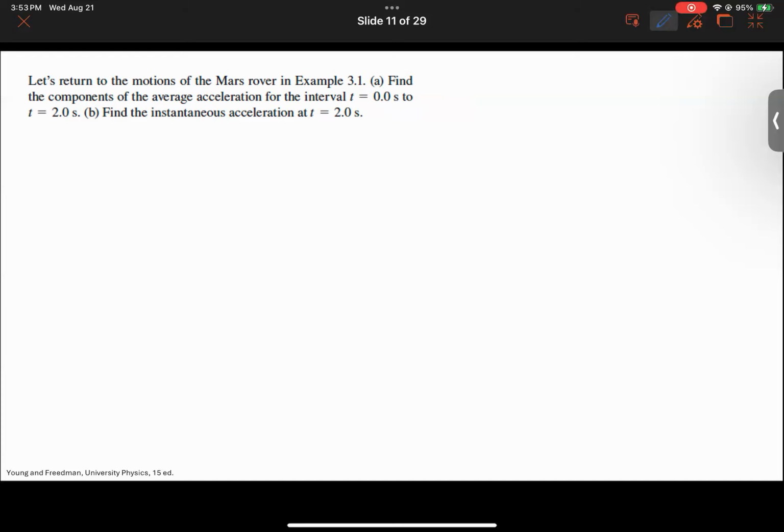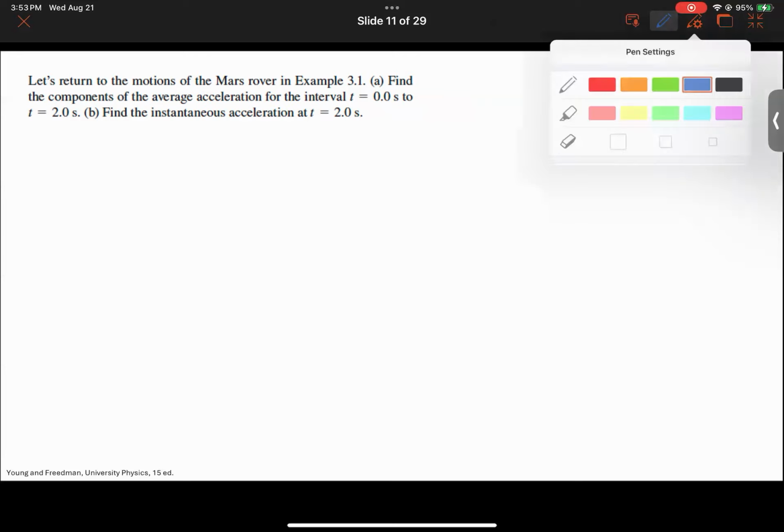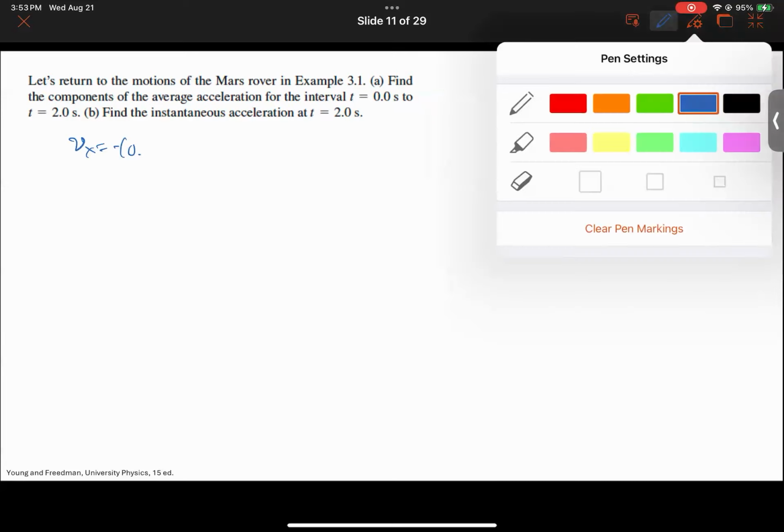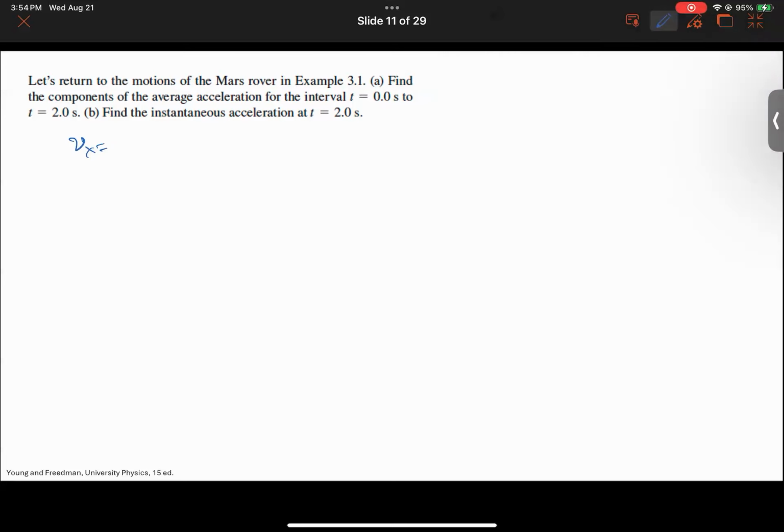Okay, so alam natin na yung Vx, na-compute na natin to kanina, is equal to negative 0.5 meters per second squared times t, and yung Vy is equal to 1.0 meters per second plus 0.75 meters per second cubed times t squared.